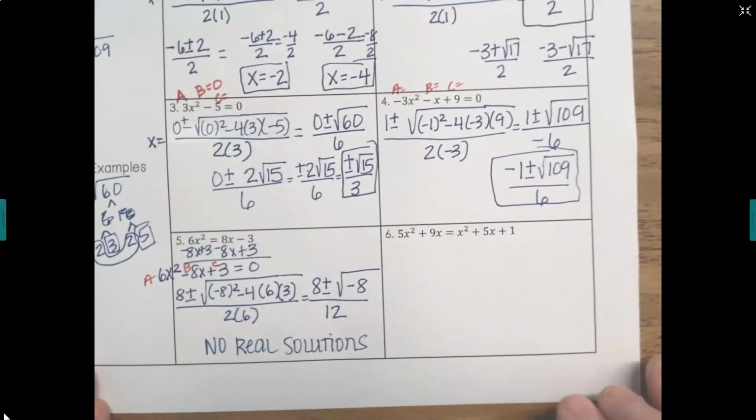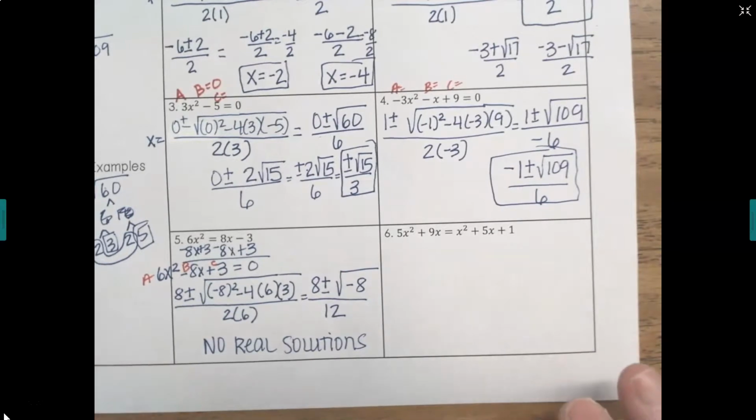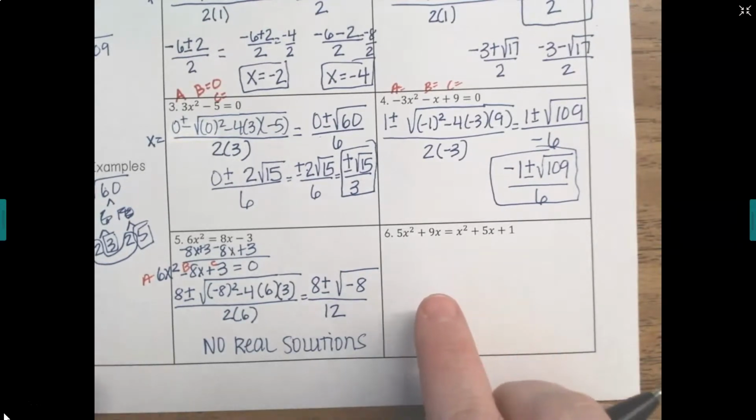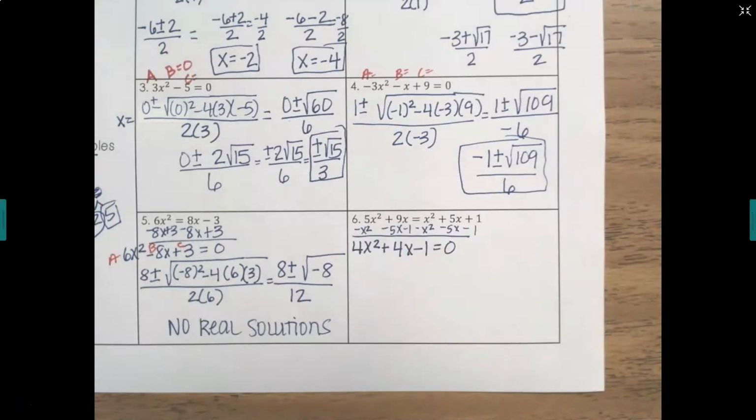All right, and our last one here, I want you to pause the video. I want you to rearrange this equation and get everything on the same side of the equals, and then come back to see how you did. Okay, so we were using our properties of equality, and we should have been able to rearrange the equation. We've been doing that all year. And I got 4x squared plus 4x minus 1 equals 0.